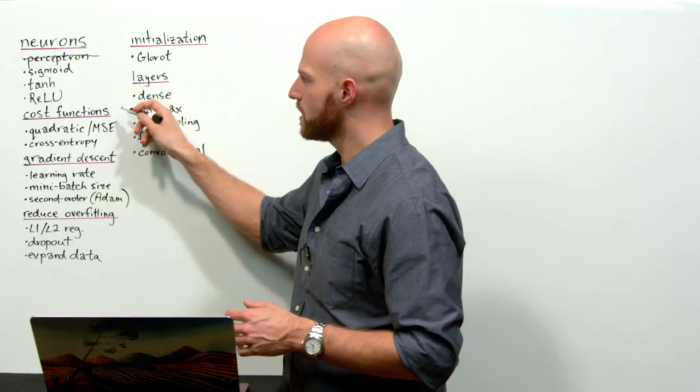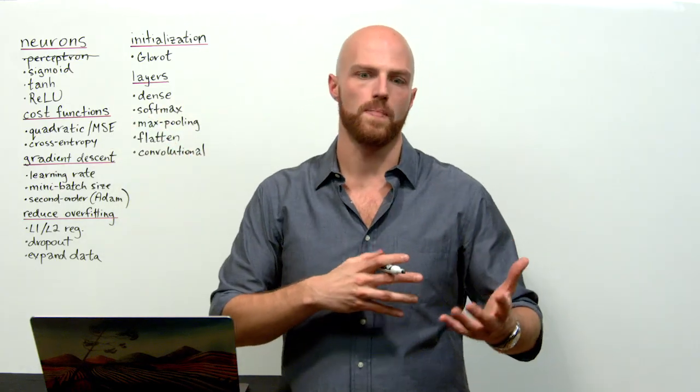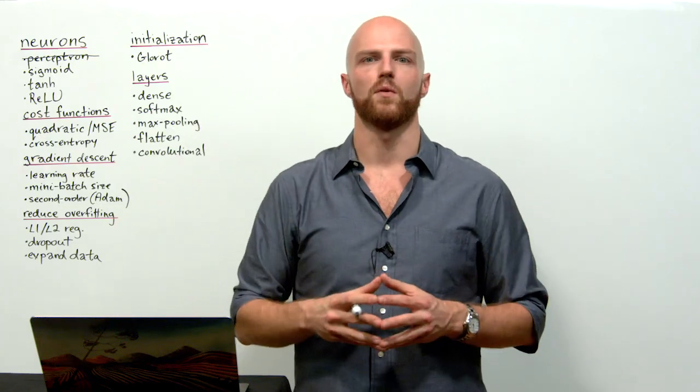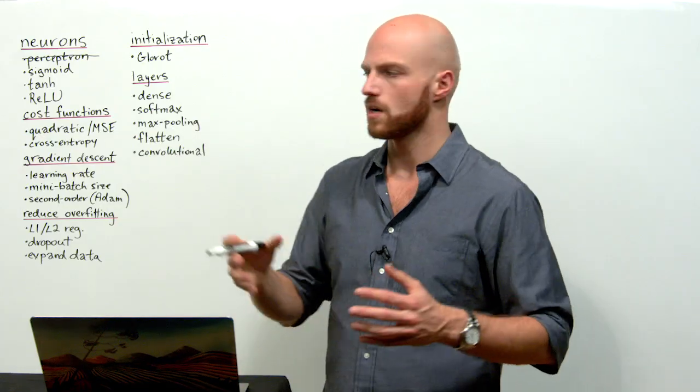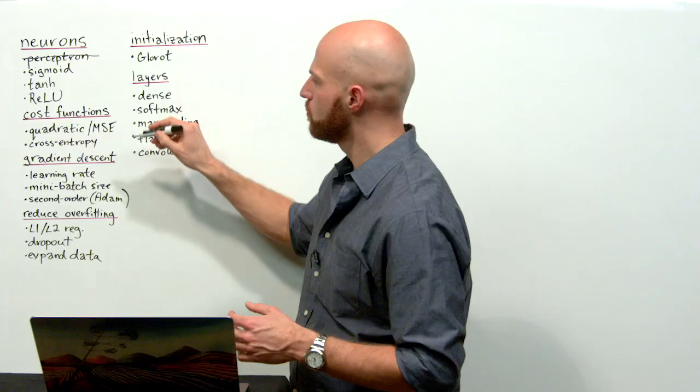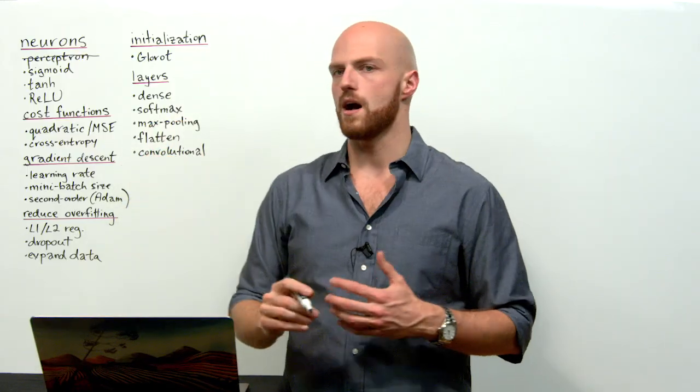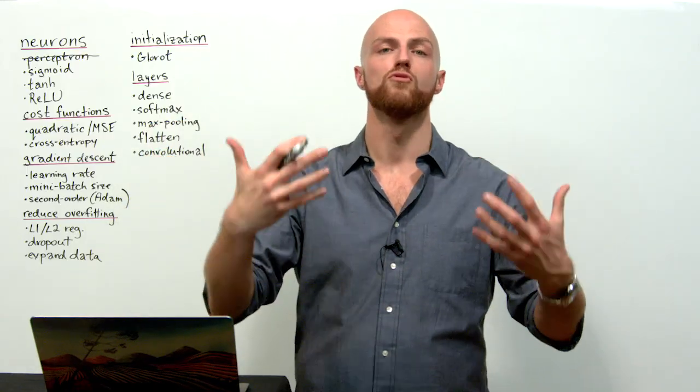So once we have an assessment of how wrong our network's performance is at any given instance with the cost function, then we use gradient descent to improve.